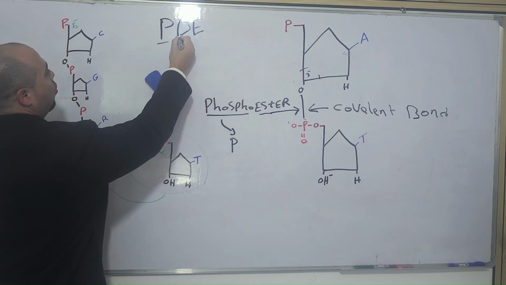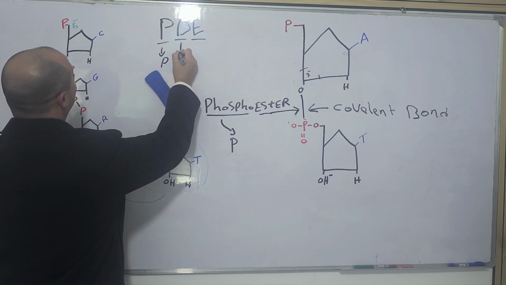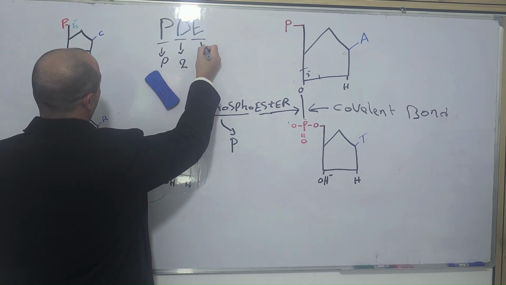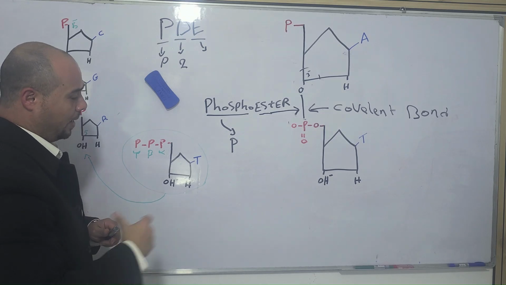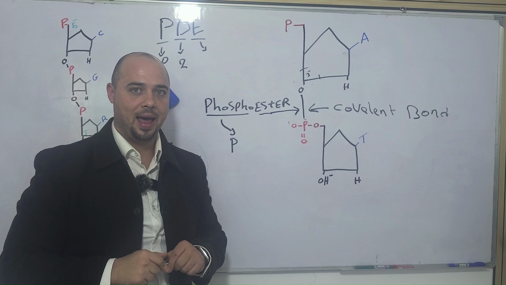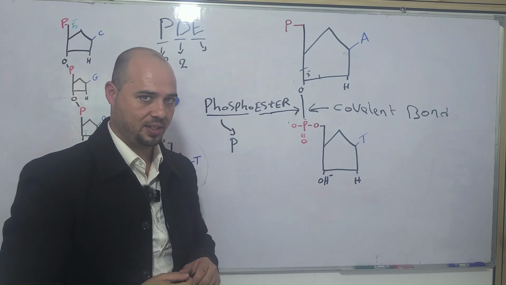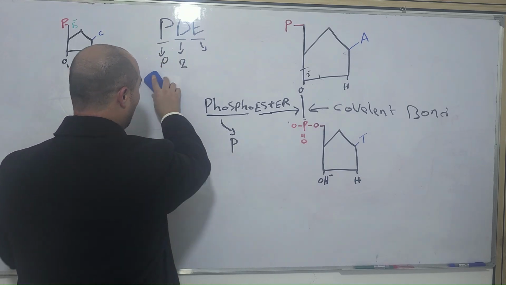PDE, phosphodiester bond. Phospho because there's phosphate, di because di means two. E is ester, it's a bond. So in fact, there are going to be two phosphoester bonds.